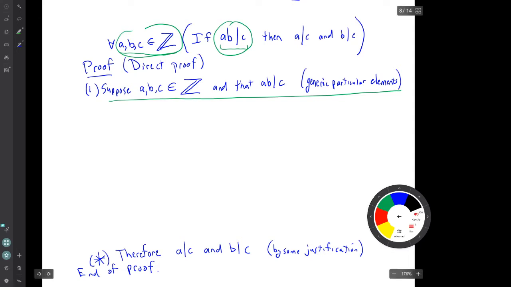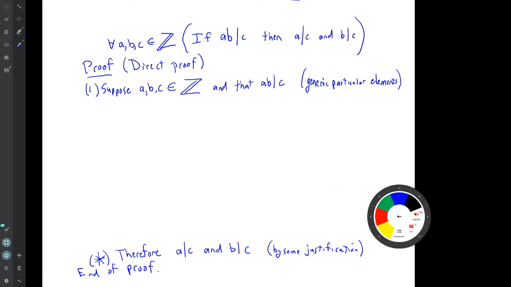And the very last statement of the proof is just the statement of whatever is in the conclusion. This stuff on the last statement of the proof came right from the then part in this statement that we're trying to prove. So there's our direct proof structure.